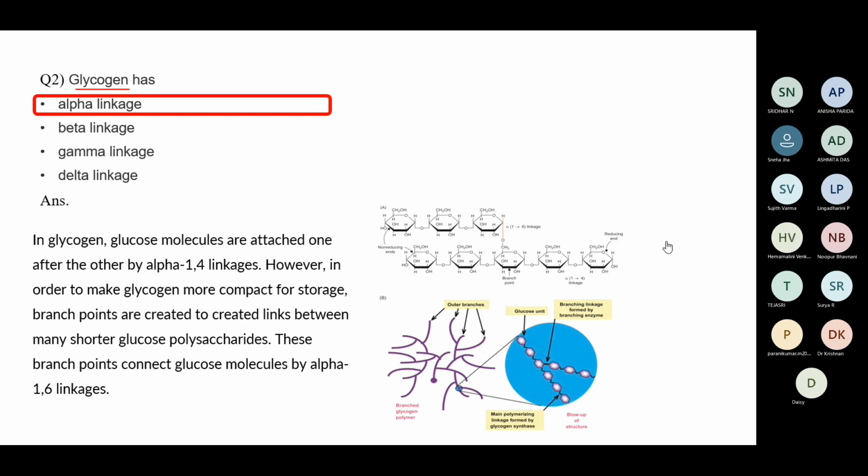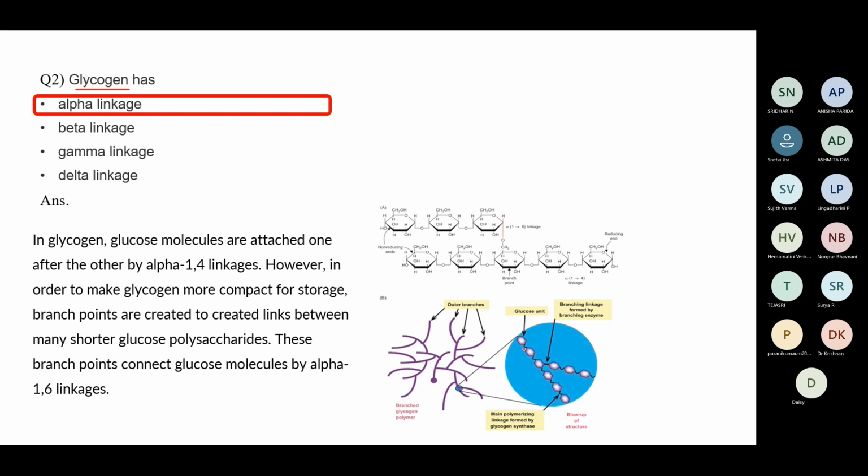So if we see the structure of this, it is a very microscopic structure where there are several branches coming out from that structure. That's why it is considered multi-branched. And the monomer of this polysaccharide, or polymeric carbohydrate, is glucose.